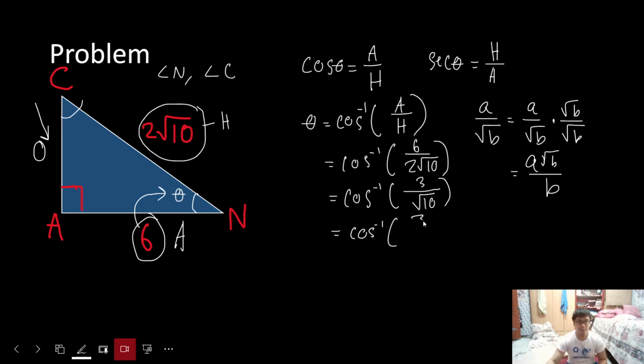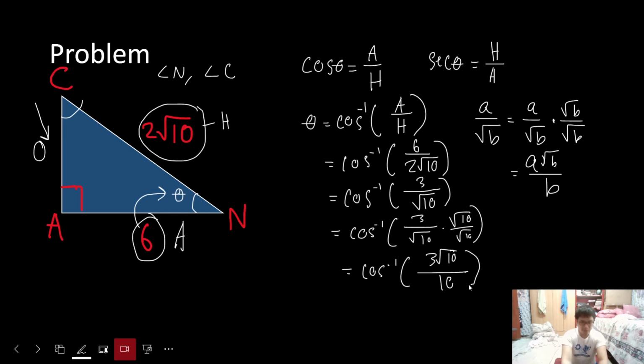So here we will have 3 all over square root of 10 times square root of 10 all over square root of 10. With that, we will have our cosine of 3 square root of 10 all over 10. I mean, square root of 10 times square root of 10 will give you just 10. And yes, there we go. Now we will use our scientific calculator.